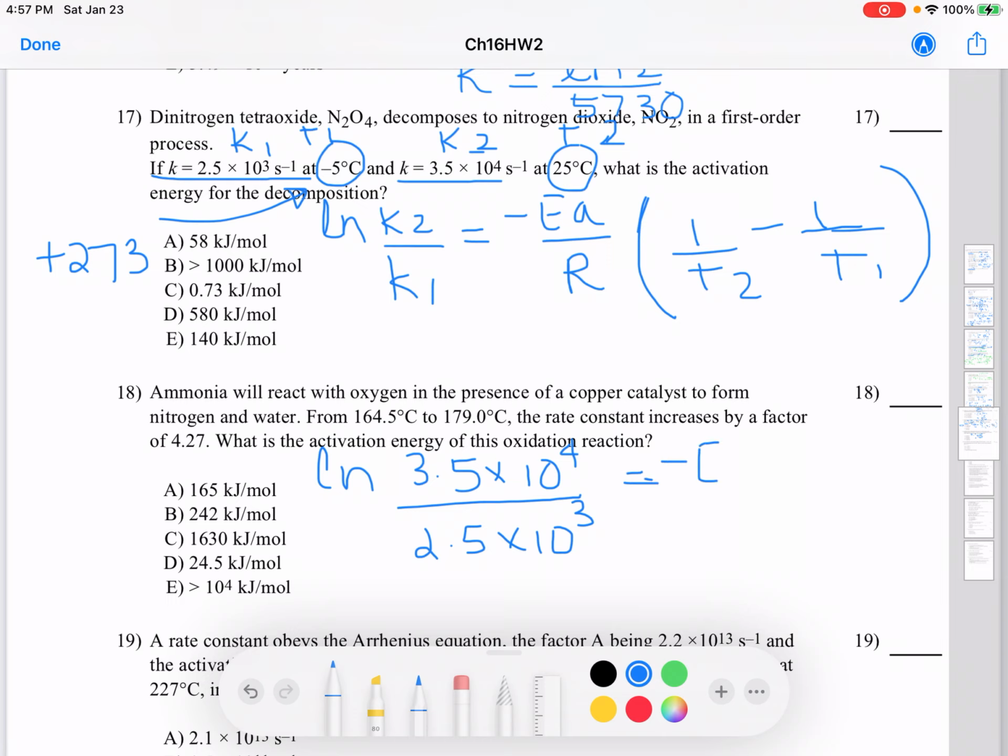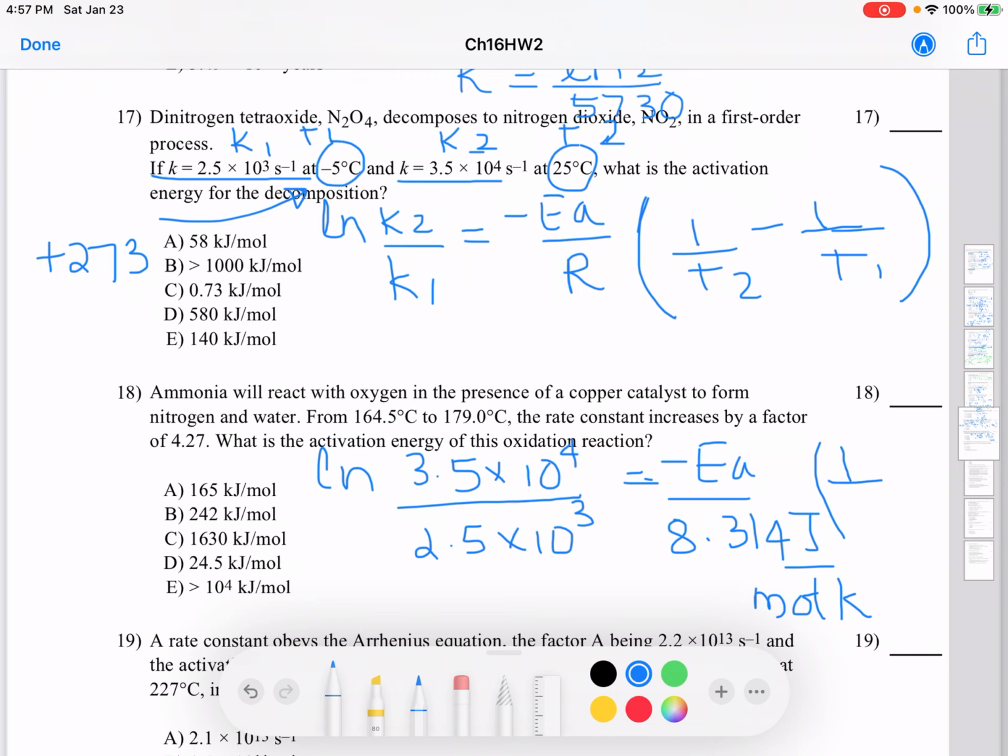And activation energy is what we don't know. And R is going to be 8.314, and the units for the gas constant are joules per mole per Kelvin.